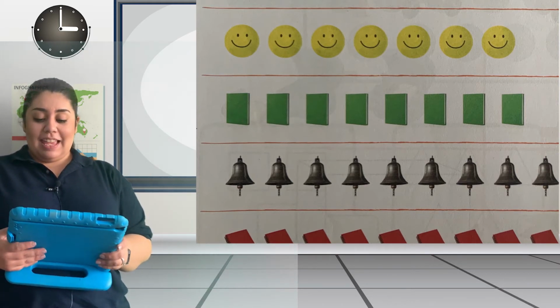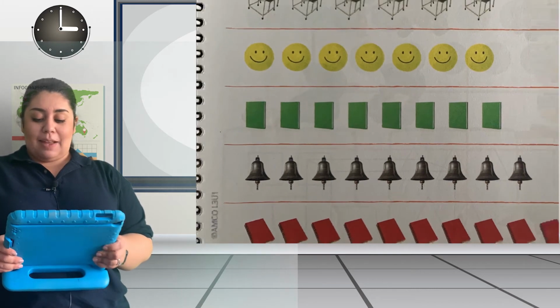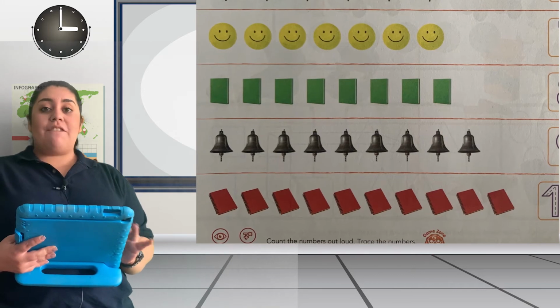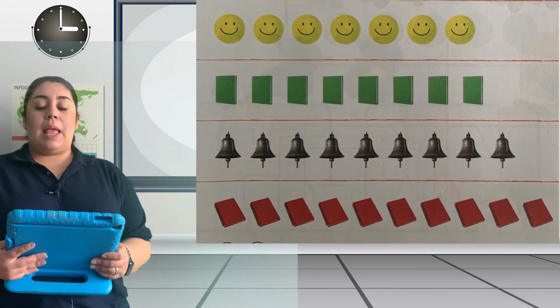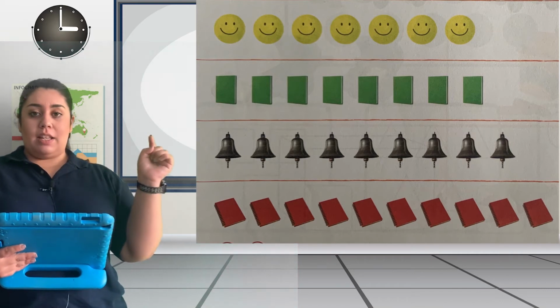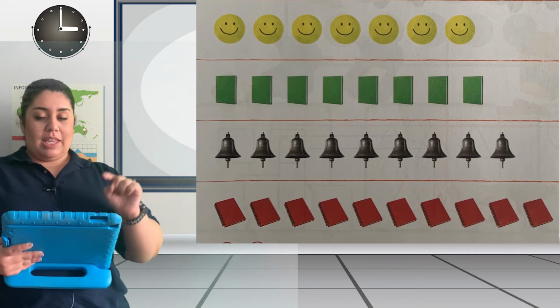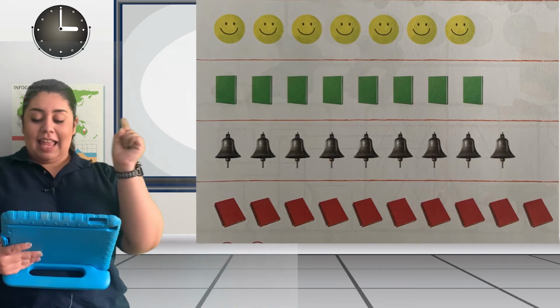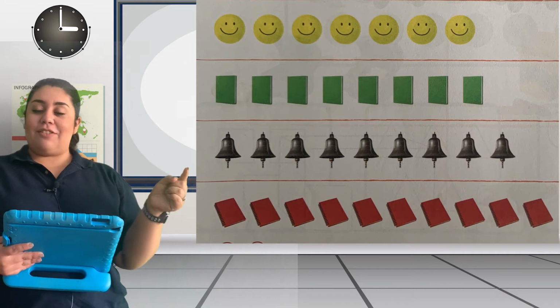We have 8. Correct. It's time to trace number 8. Then we have bells. Let's count them. 1, 2, 3, 4, 5, 6, 7, 8, 9. Correct.